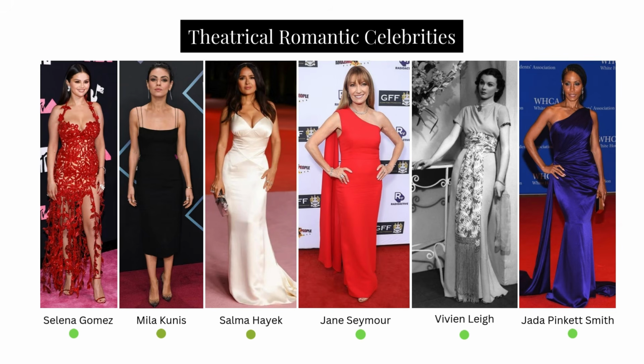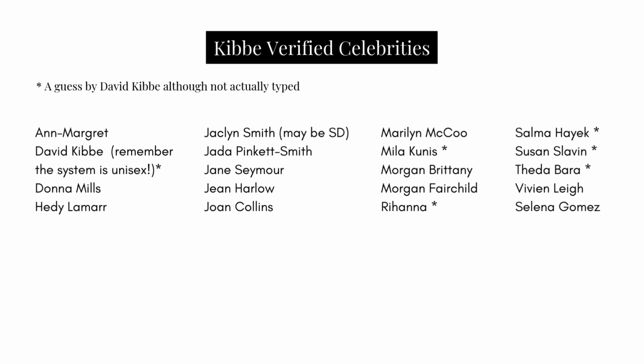Here are some theatrical romantic celebrities. The bright green is verified by Kibbe, and the dull green is celebrities that Kibbe has typed as being theatrical romantic, although he has not verified them. And here is a full list of verified theatrical romantic celebrities.